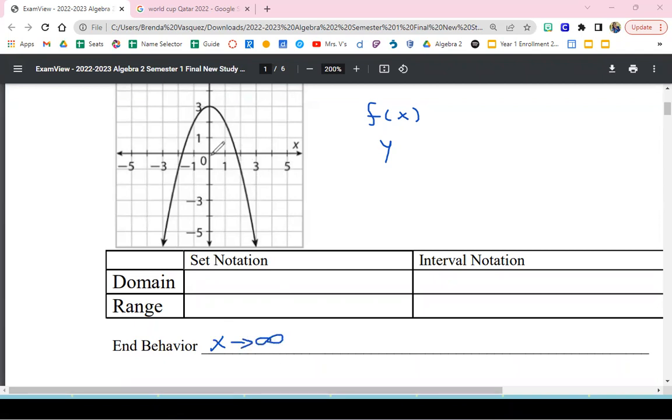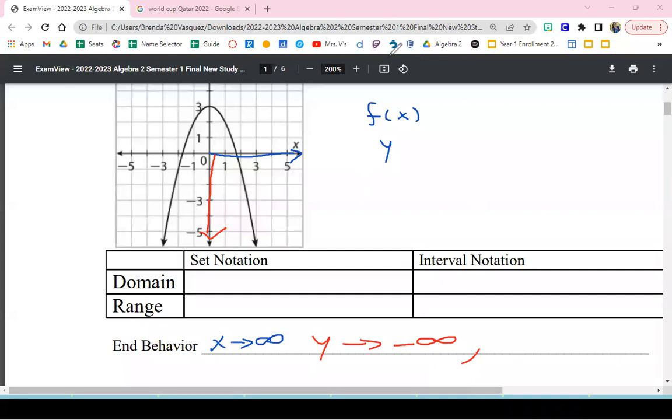So positive infinity meaning that as it goes this direction in the X value, what happens to my Y values? What direction do they go? They go down. So all my values are going to start approaching down. So therefore, my Y values are going to be in the negative infinity.